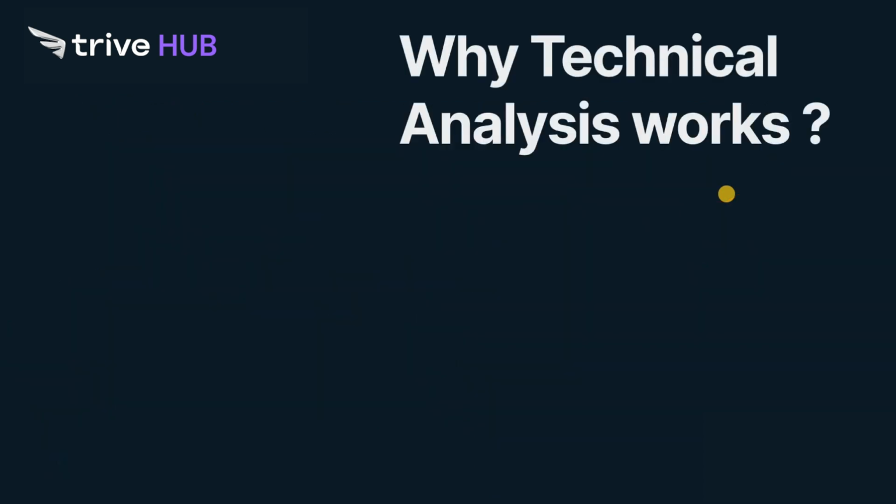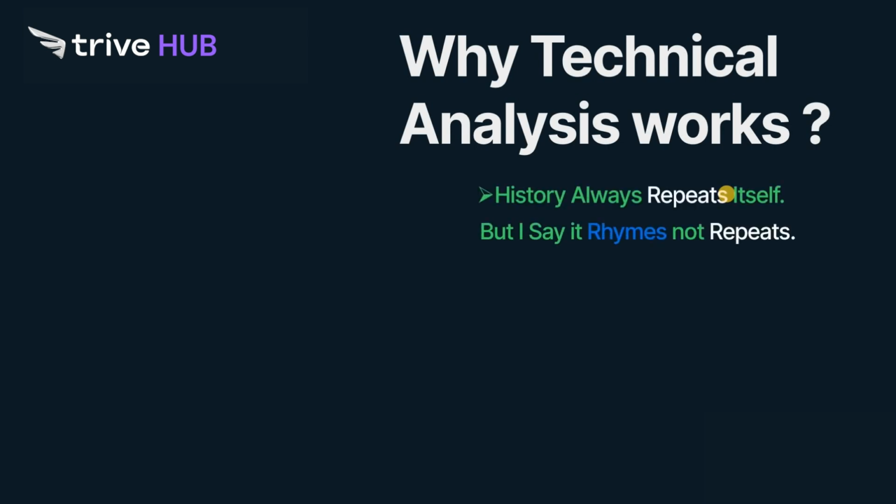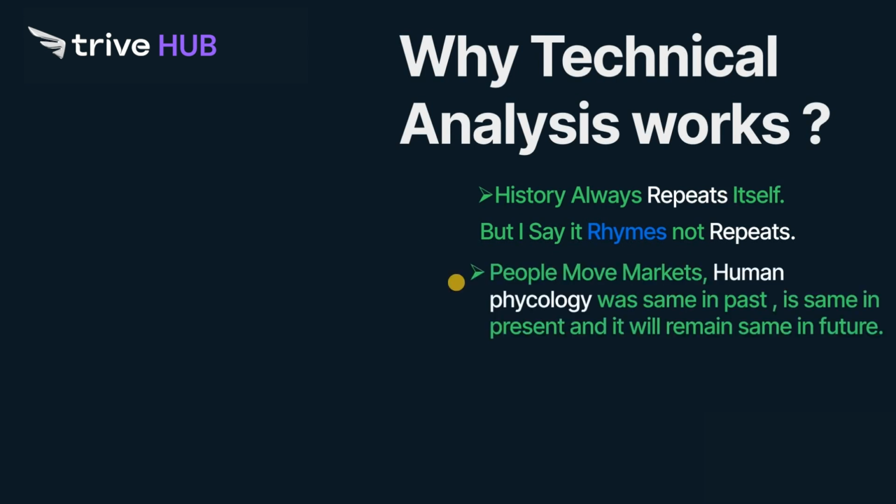Why does technical analysis work? Technical analysis is based on an assumption that history always repeats itself. But I say that it does not repeat. It rhymes. Why? Let's see. People move the markets. We know that.